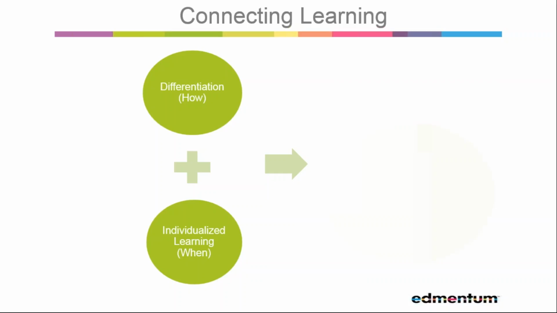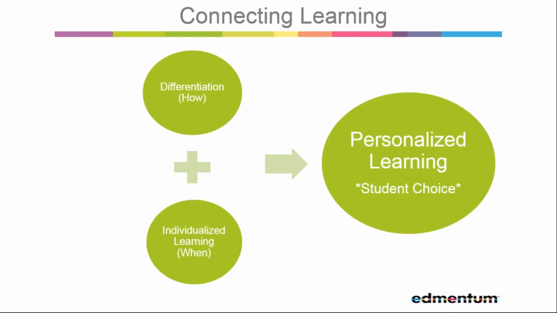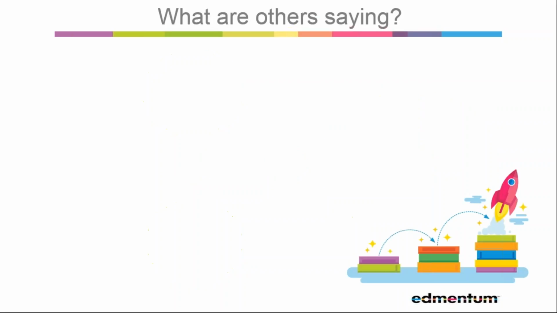So we're combining that how and that when to create that personalized learning experience for your students. And what makes that personalized learning experience so unique is that you're tailoring that content, that learning environment, that entire component to your students' learning needs and aspirations, and that technology is what's used to facilitate that blended learning process in the classroom.